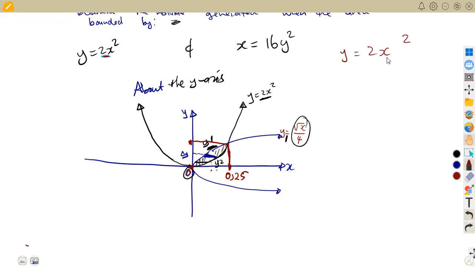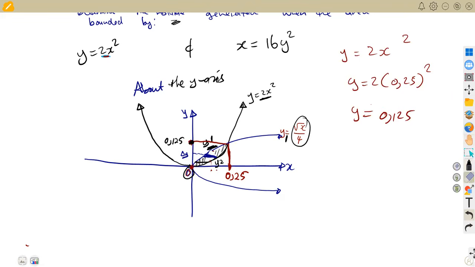I can just substitute the value of x, which is 0.25. That is going to give the value of y corresponding to that, which is 1/8 or 0.125. So the y value on the limit here will be 0.125. That is the value that you're going to obtain at this point.